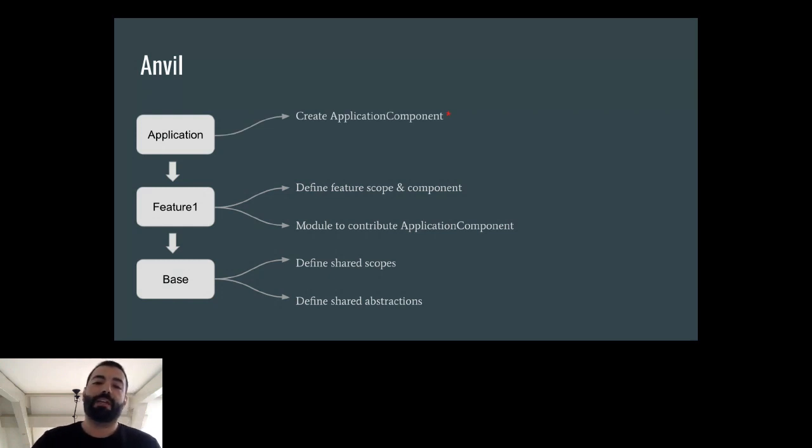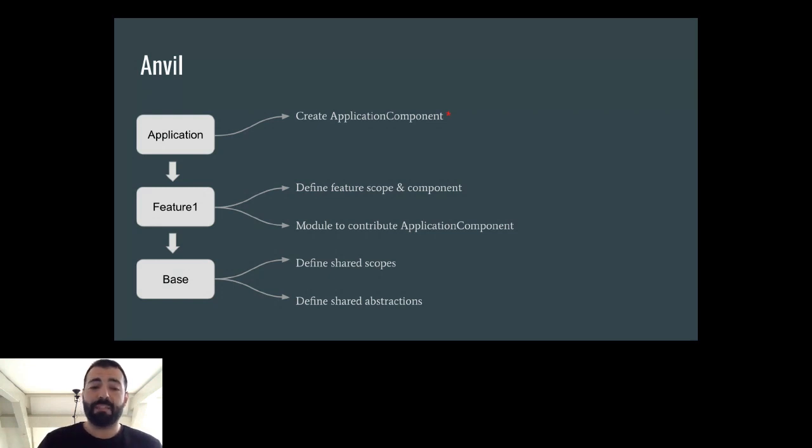There is a little red asterisk there. It's because it has to be on the top of the hierarchy if you want all the modules that are provided to be compiled. And this is the same for Hilt. The application that you annotate with HiltAndroidApp needs to be on the top of the hierarchy, because that is the point where the compiler plugin for Anvil starts picking up, and then it will find the application component, go through all the dependencies, and find the modules that need to attach to that.